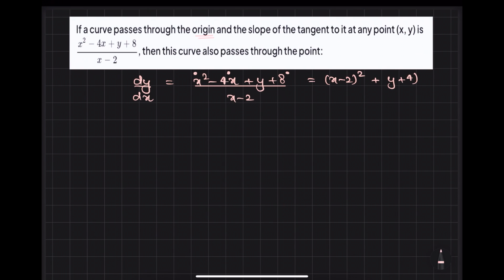We will keep y plus 4 together, and then we have x minus 2. For formality we are doing this part. Look at this. We have dy by dx is equal to x minus 2, and then we have y plus 4, and then x minus 2.